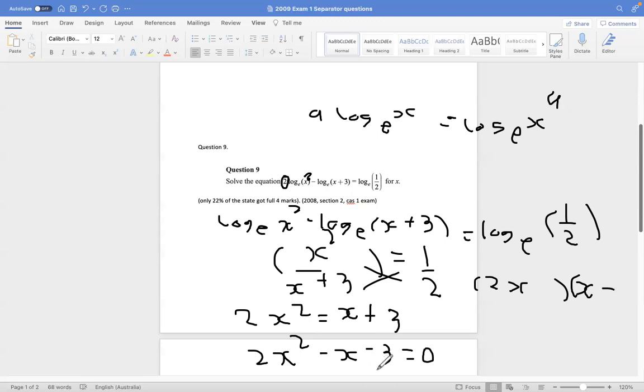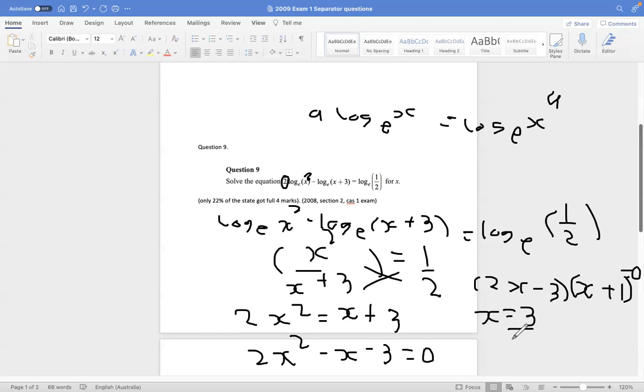Now I need to find two constants that multiply to give the c term and add to give the b term, -1. And we know the two numbers in that case are +1 here and -3 here. And there's two solutions here, so equal to 0. So then x equals 3 over 2.